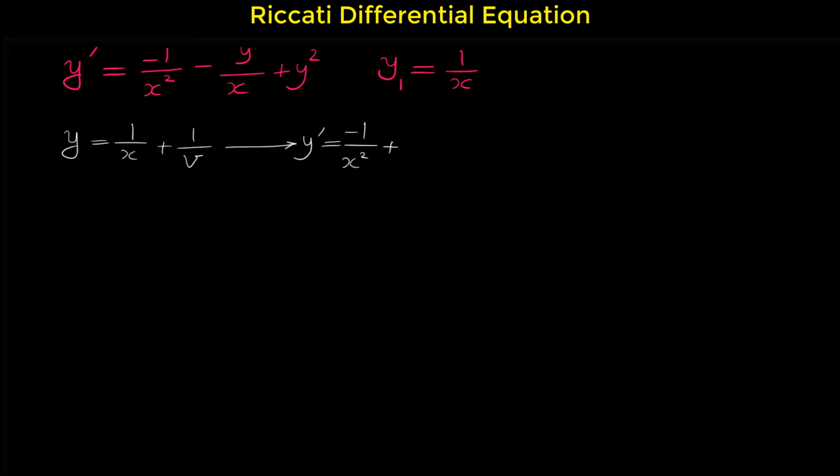And the derivative of 1 over v is -v prime over v squared. Now if we replace this y prime with this, we have -1 over x squared minus v prime over v squared equals -1 over x squared minus y over x.